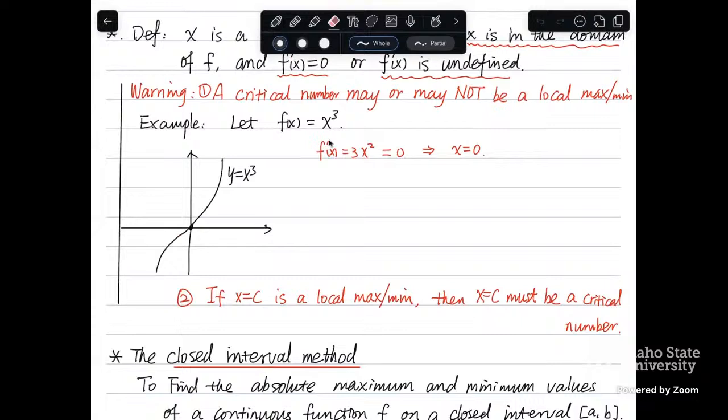The critical number actually gives you the candidate position for the maximum value, minimum value. Okay, so this is the thing I want to clarify.